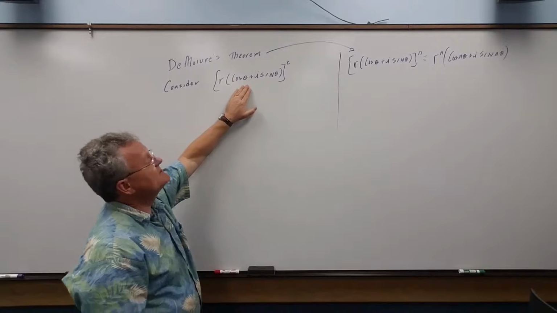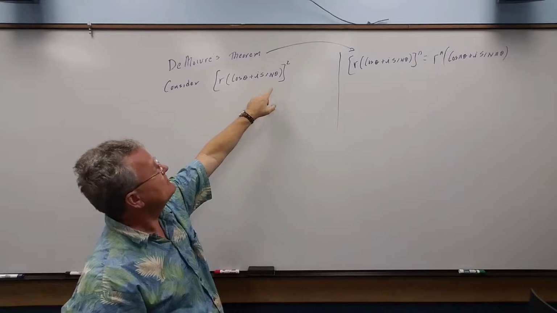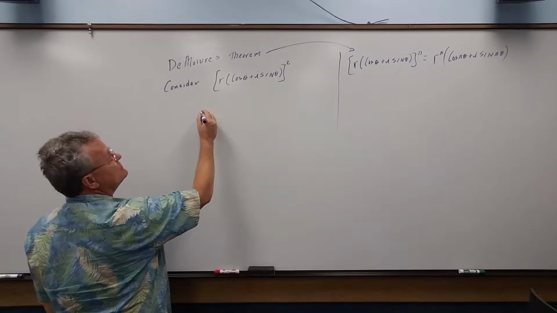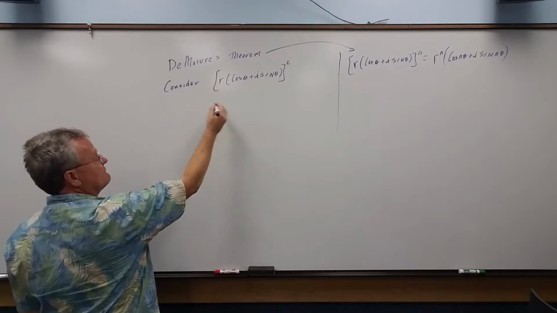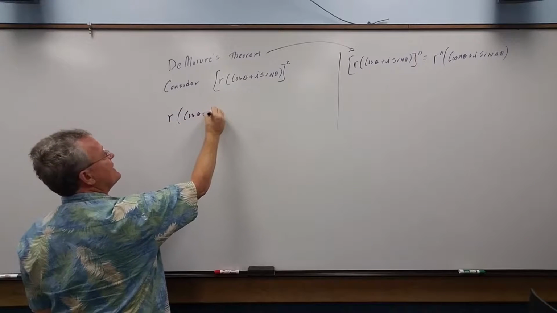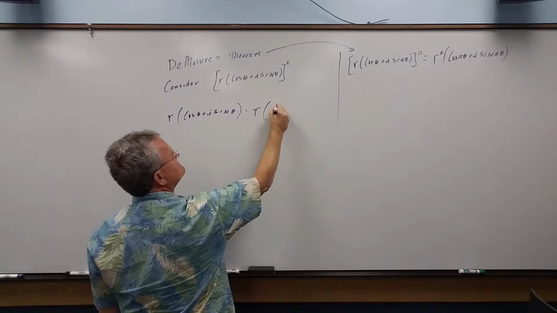Well, let's start by considering r cosine theta plus i sine theta to the second power. n is 2. Well, if n is 2, then we have r cosine theta plus i sine theta multiplied twice.